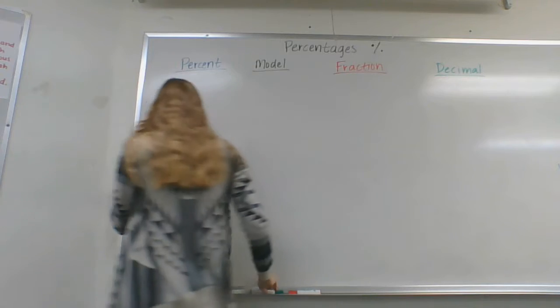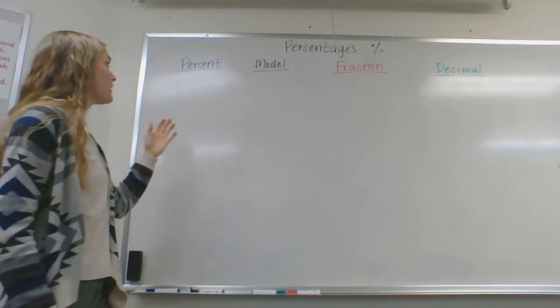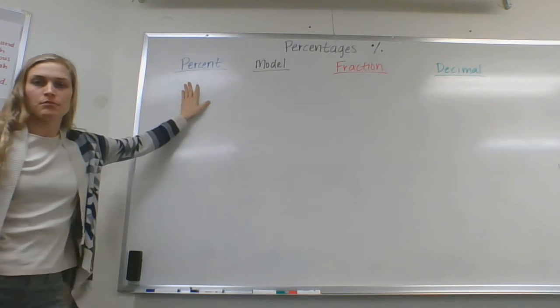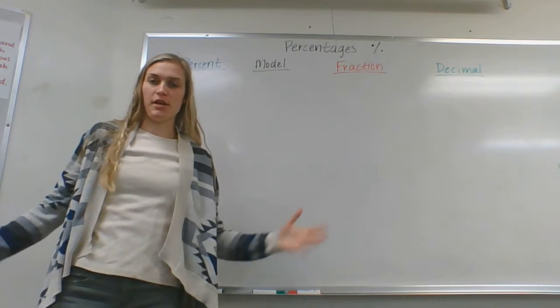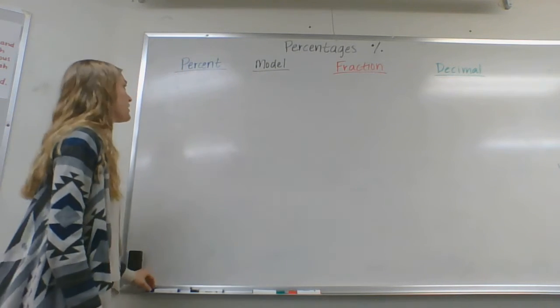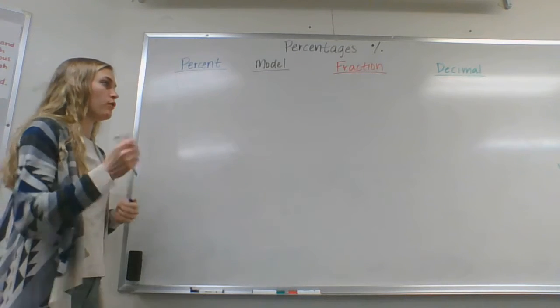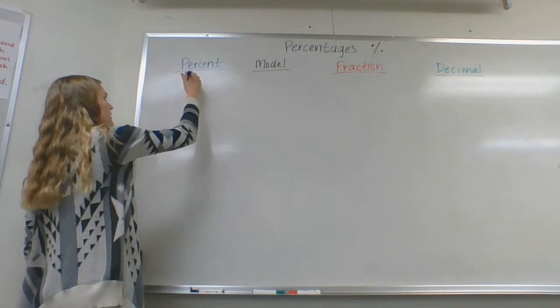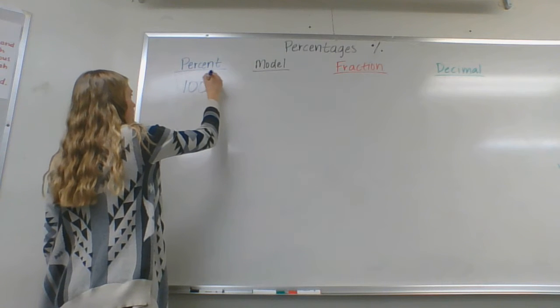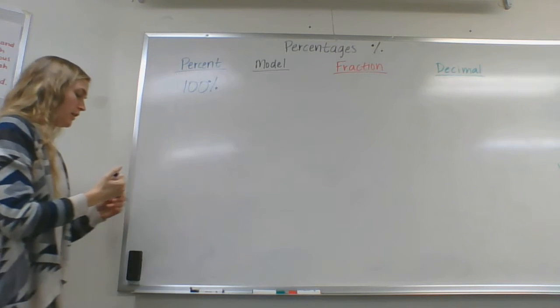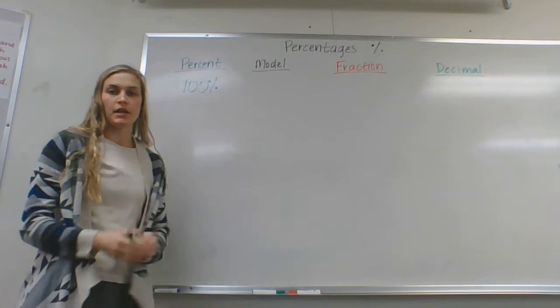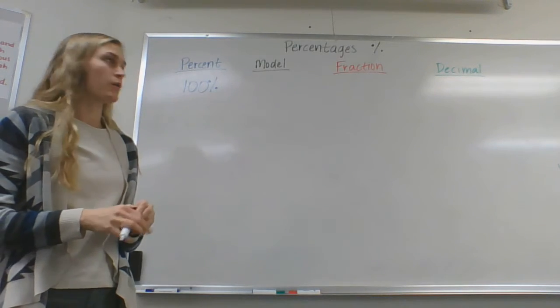Alright, so we're going to start with the maximum percent. So if you give everything you have, people say you gave 100% because it is the total, 100%. Alright, so the models we're going to draw are going to be a 100 square grid.